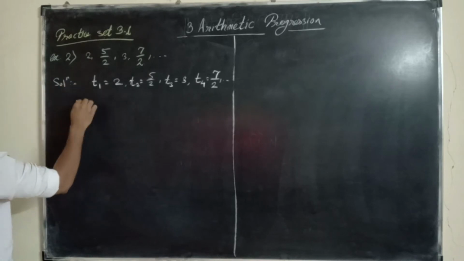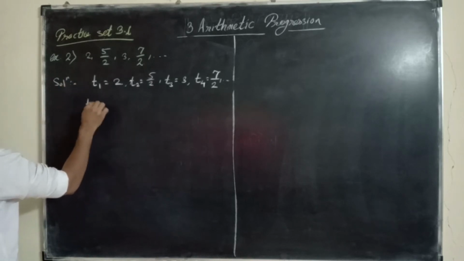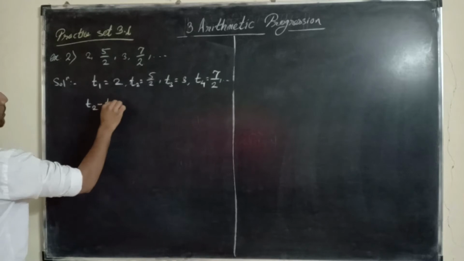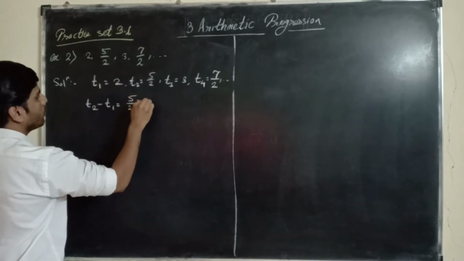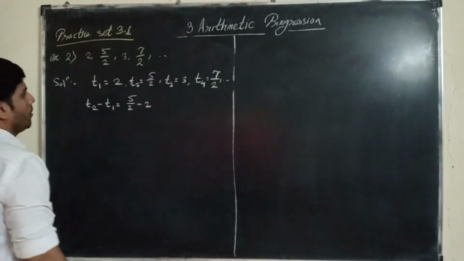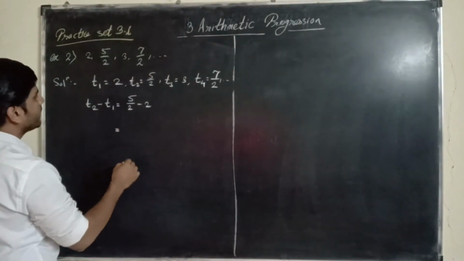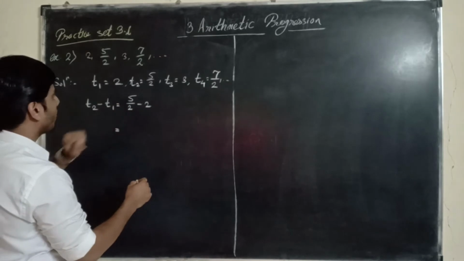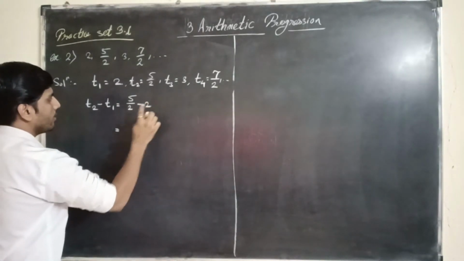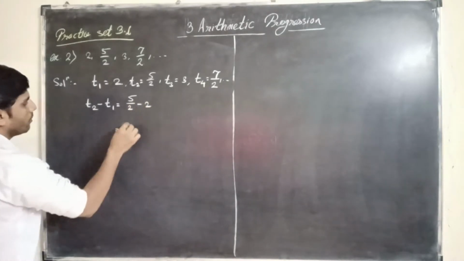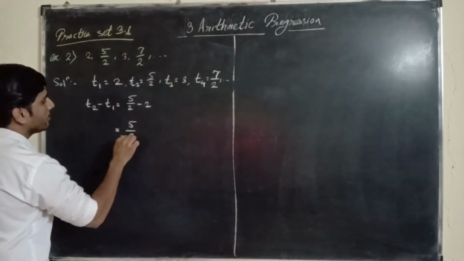So to find the common difference, again we will find T2 minus T1, which is 5 by 2 minus 2. But subtraction cannot take place as the denominator of both numbers is not the same. So we will multiply and divide 2 by 2, so the denominator will become the same.